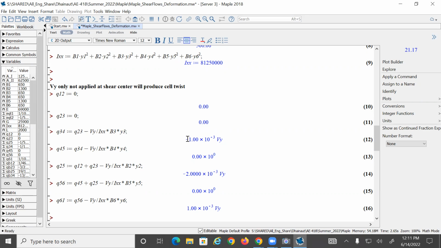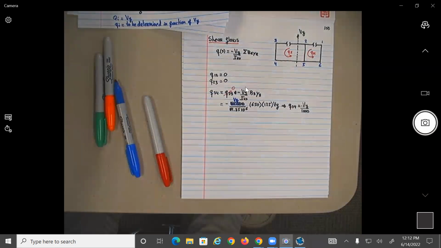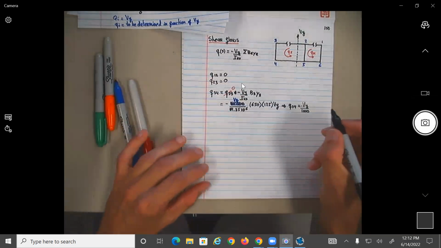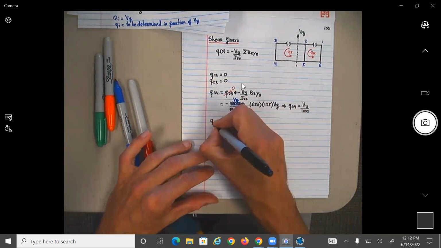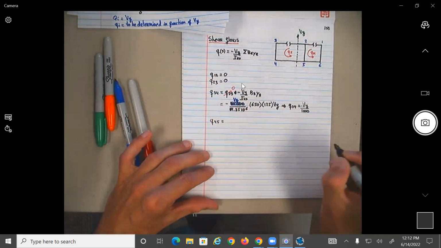And it should be negative, minus 1 times 10 to the minus 3, Vy. All right, so now we can follow the other ones. All right, so then we do Q45. Should be equal to what?